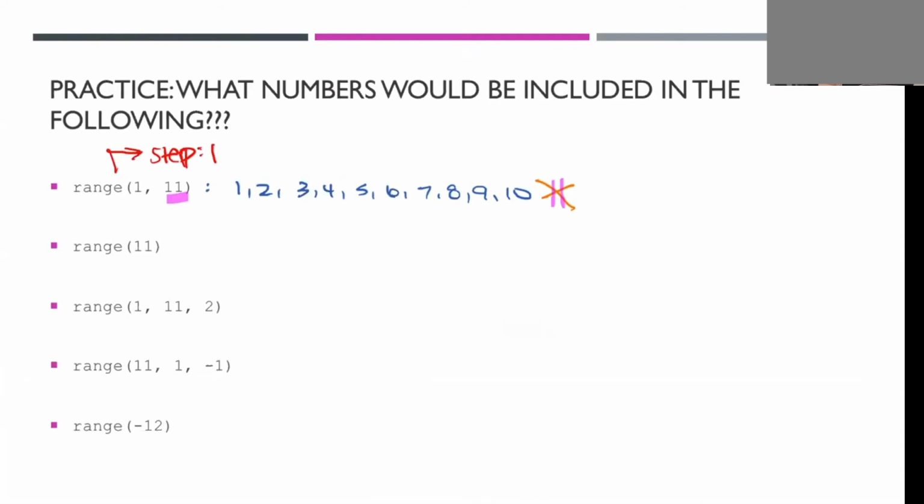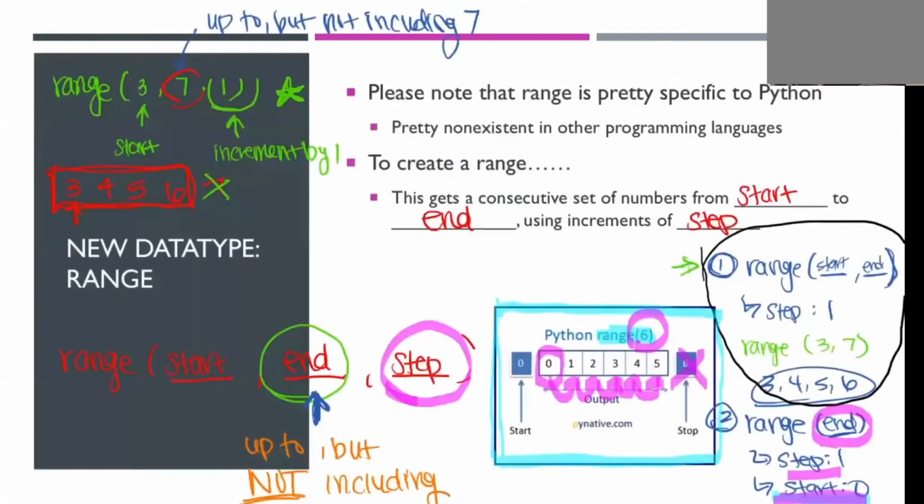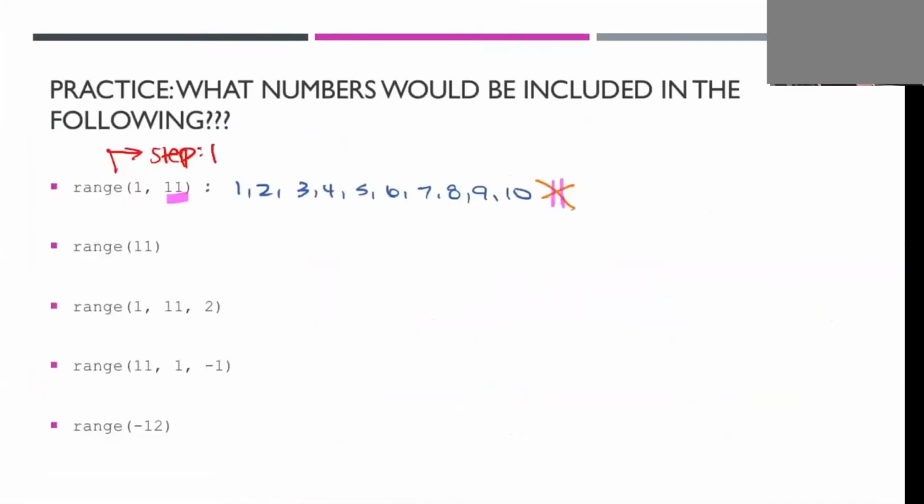If we have range 11, that's only one input, which means that we assume that the step is 1 and the start is 0. Very good. So the range would be all integers 0 through 10. So it'd be 0, 1, 2, 3, 4, 5, 6, 7, 8, 9, 10. There's normally an 11, but remember we don't include the 11.